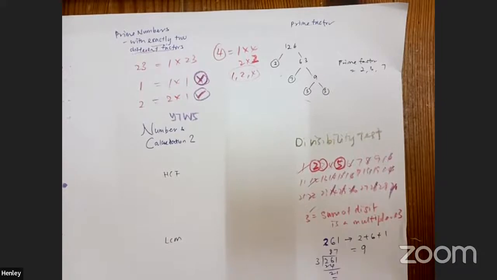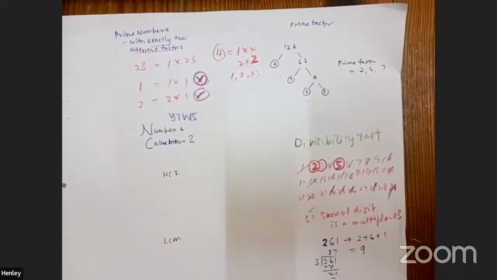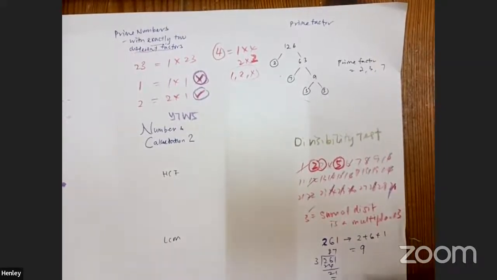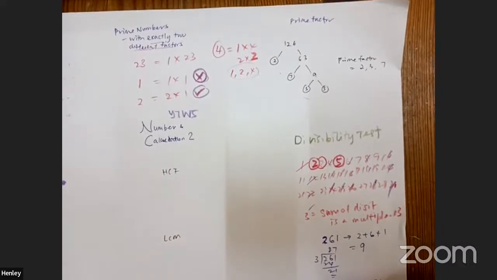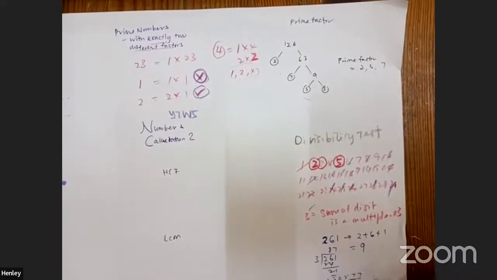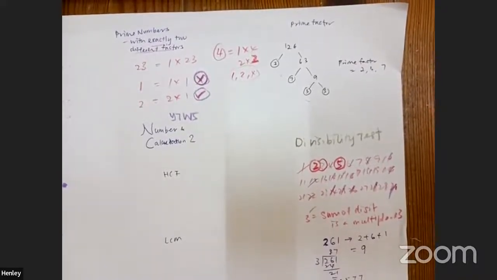So this is a multiple of 3, so this number can be divided by 3. Let's try. 3 times 4 is 12, then 2, then 0, then 5, then 7, and 7. Yes, it's divisible.